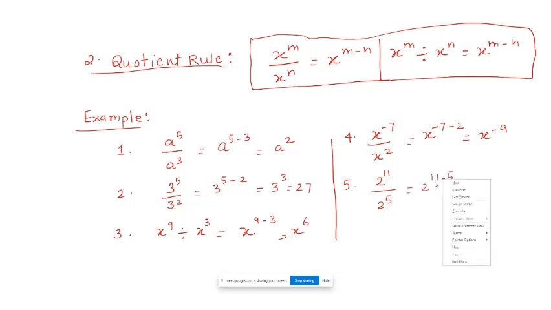This is minus, please. 11 minus 5, which implies 2 to the power 6. Understand? Or if you solve it, 2 times 2 times 2 times 2 times 2 times 2, 64. The third one that we're gonna talk about is the power rule.